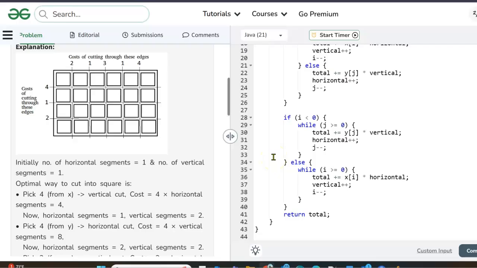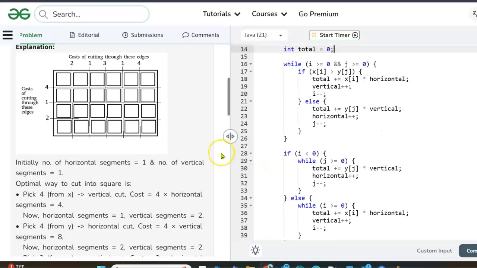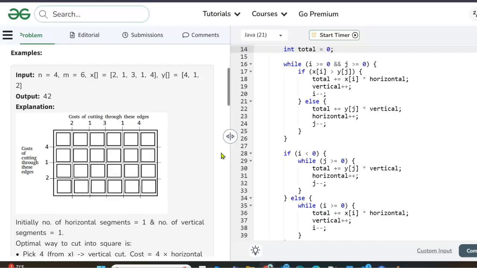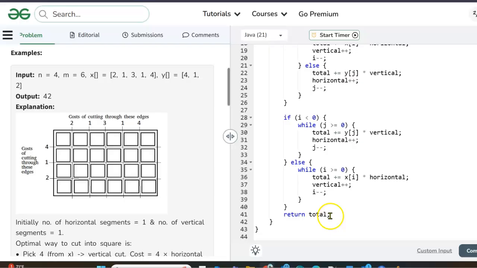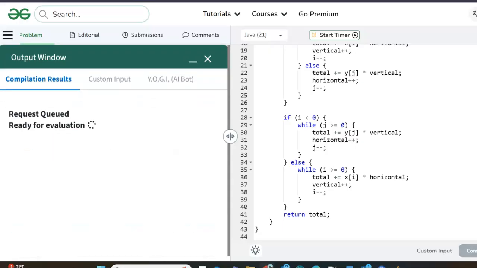If the index is less than 0 in one direction, that means we still have cuts in the other. So if we still have horizontal cuts, we just go ahead and make the rest of the horizontal cuts. On the other hand, if we still have vertical cuts, we go ahead and make the rest of the vertical cuts. And then return the total. All right, let's run this and see what happens.